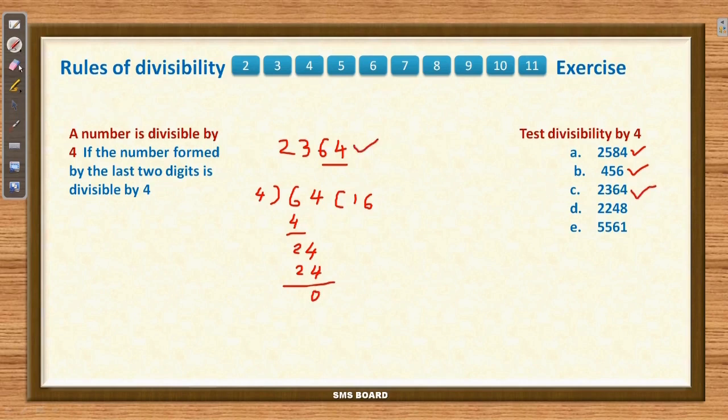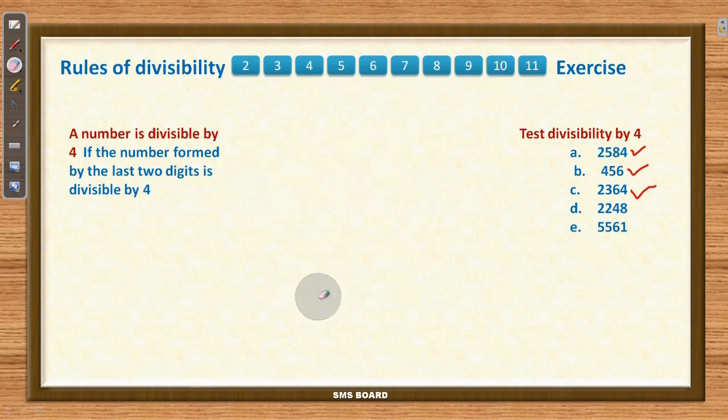Now let us discuss next problem, that is 2248. What are the last two digits? 4 and 8. So number formed by the last two digits is 48. So check 48 is divisible by 4.